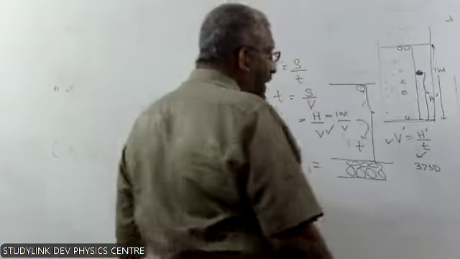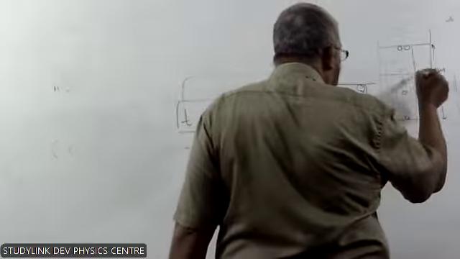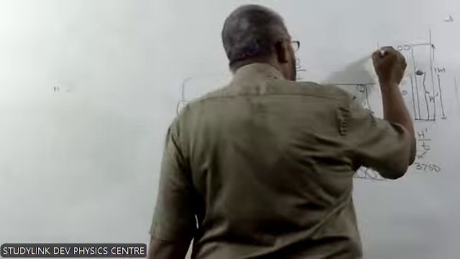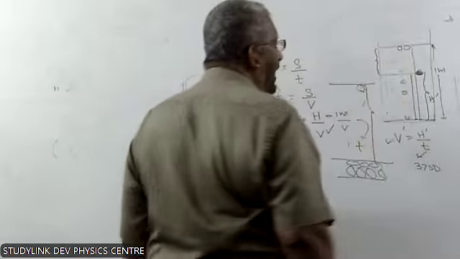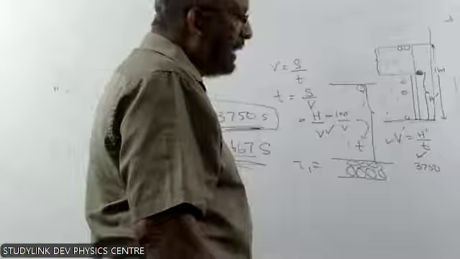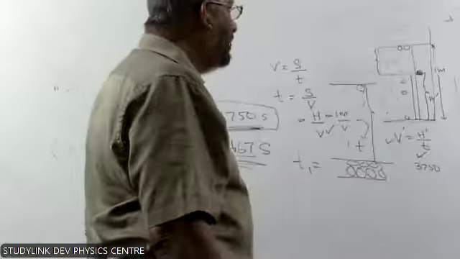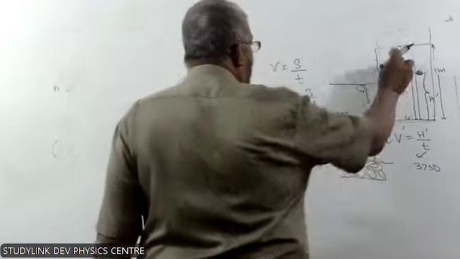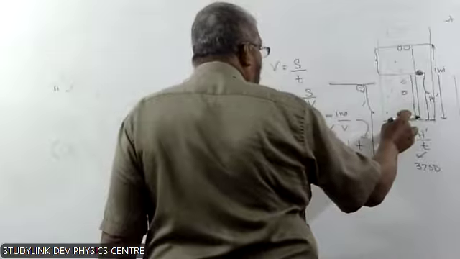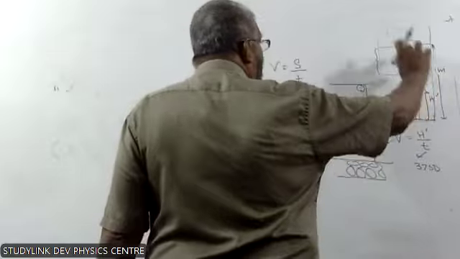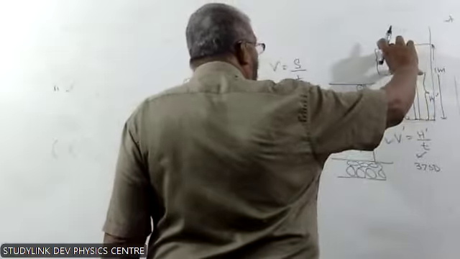Then h dash is calculated, that means from here up to this, all the second ones are at the bottom now. But the ones within this height are not there. Assuming they are equally distributed, we can consider the volumes. So normally, this is the amount of volume you have to consider.